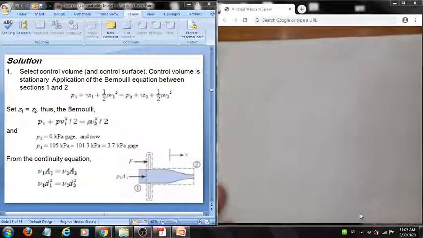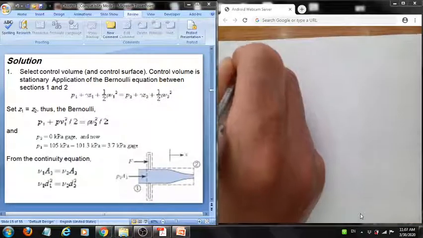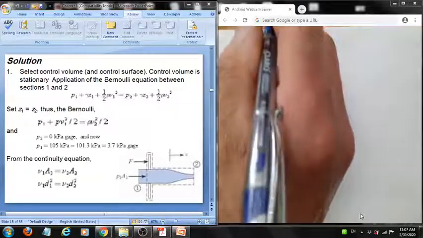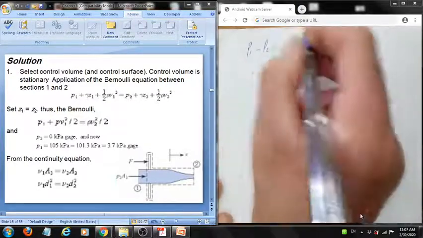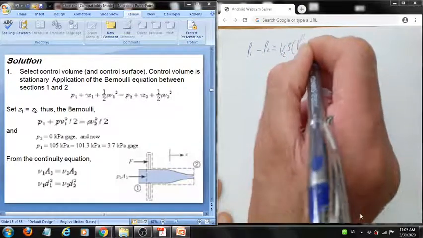So from the Bernoulli equation, we recognize that P1 minus P2 equals half rho (V2 squared minus V1 squared).